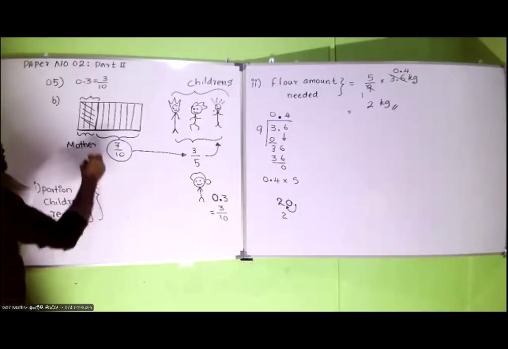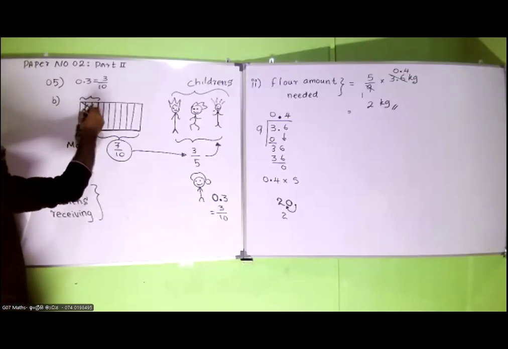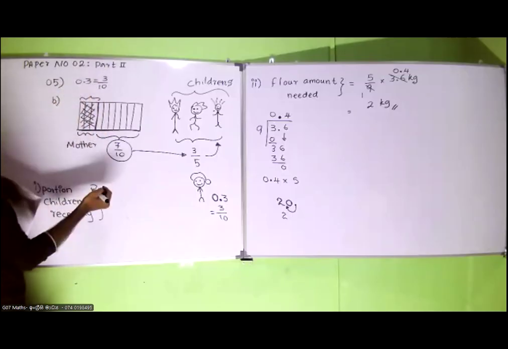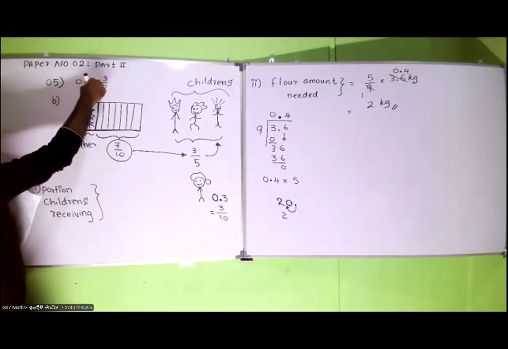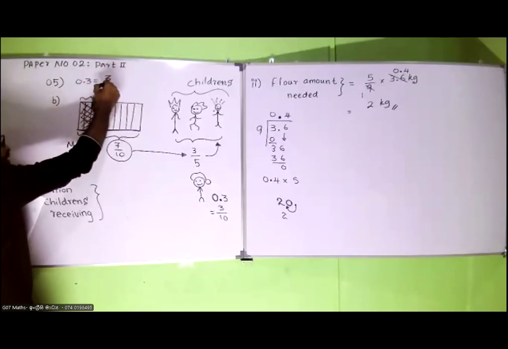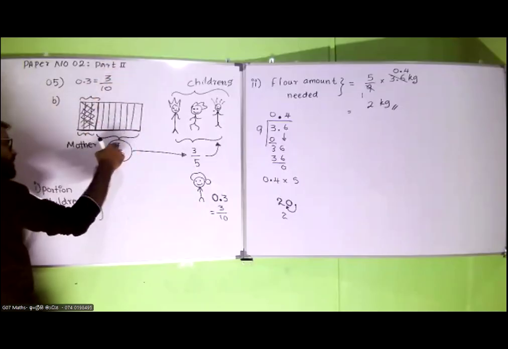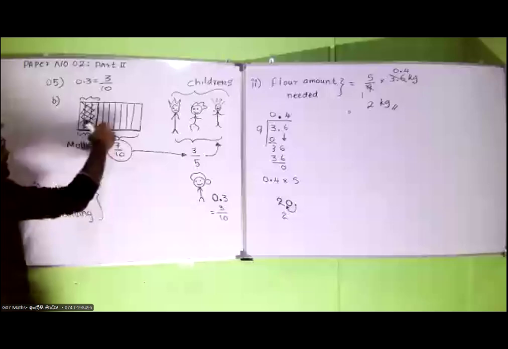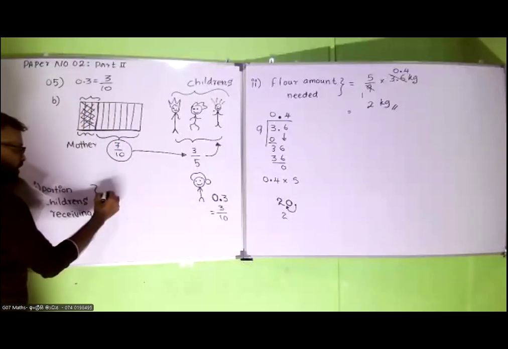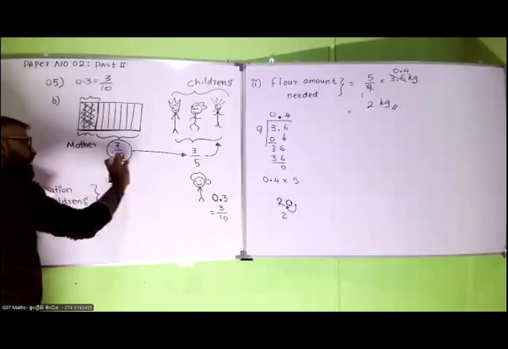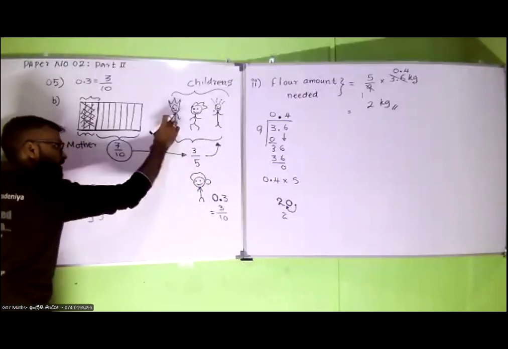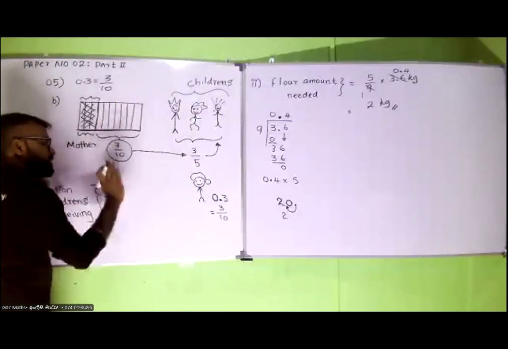3 upon 10 is for the mother; the decimal number 0.3 can be converted into a fraction. The rest is 7 upon 10. This 7 upon 10 has been divided into 5 equal parts, and 3 parts have been given equally to these 3 children.